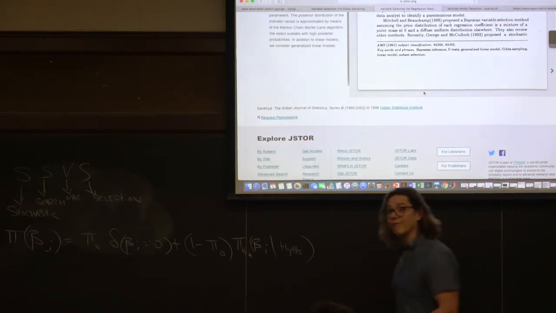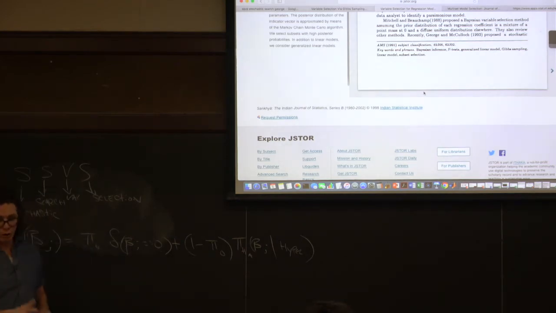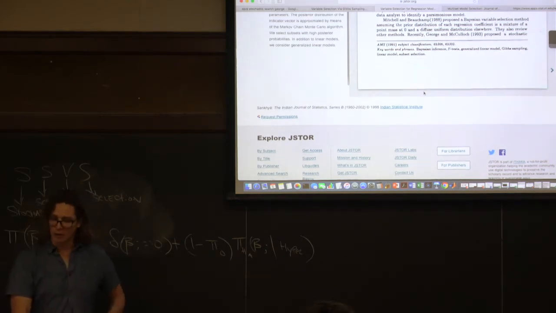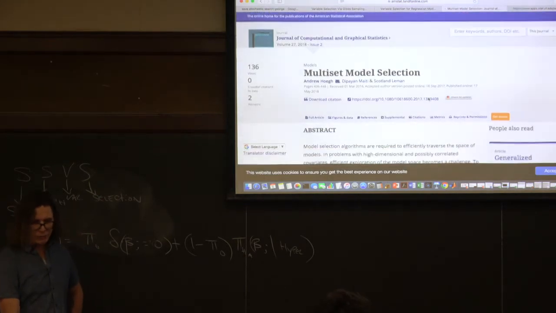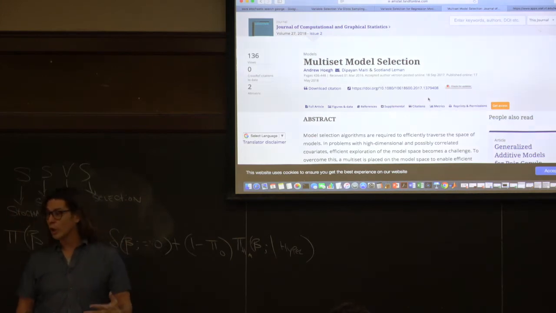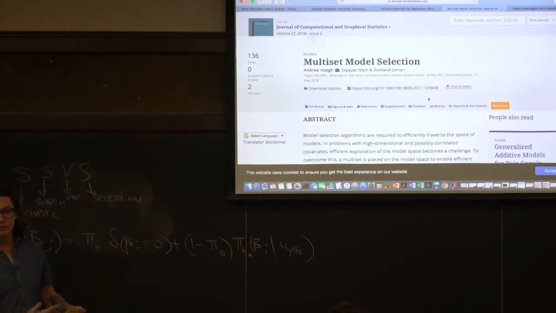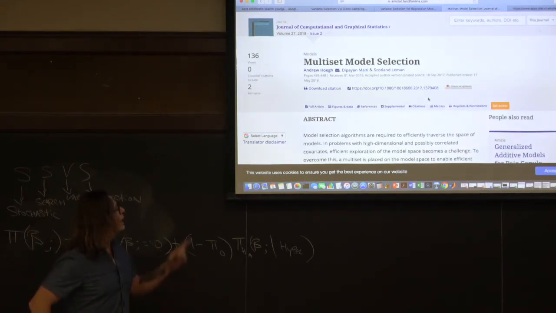And you can get a lot of efficiency by coming up with new algorithms or mathematical representations of your model. And that's what they did in Kuo and Mallick. And later on, I showed how to use this sort of Kuo and Mallick framework using one of my previous samplers, the multiset sampler, that also shows up in JASA, and that can be found in JSTOR. This showed up just last year.